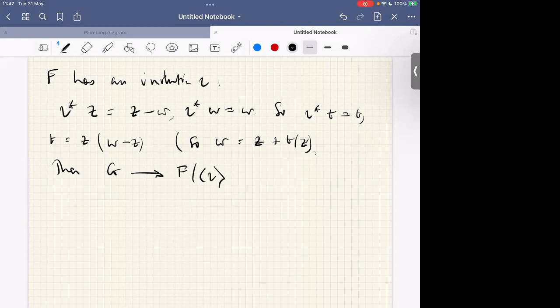This is one-to-one and étale onto its image, so it's an open embedding.